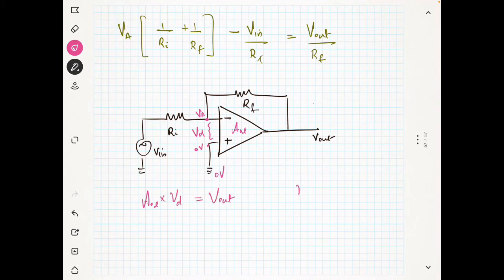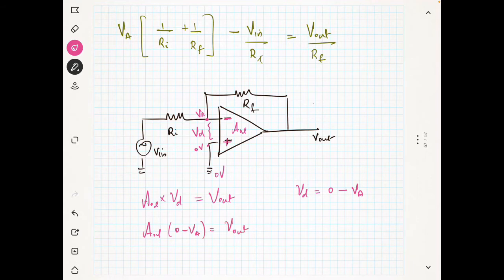And what is my VD? My VD is nothing but this is plus, so 0, and this is minus, so 0 minus VA. That is my VD, right? So AOL into (0 minus VA) is equal to V out.